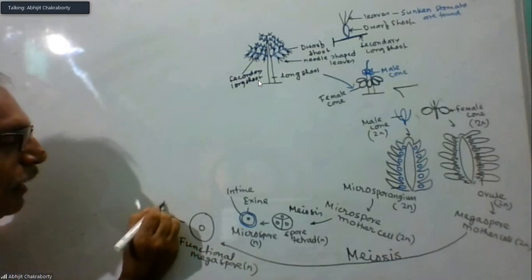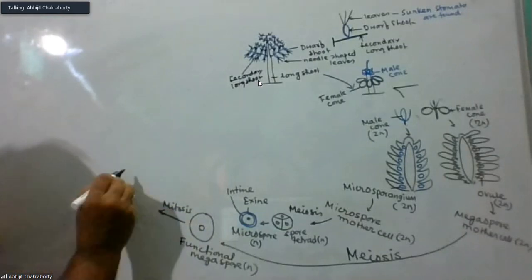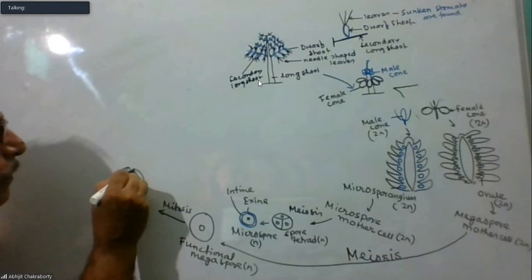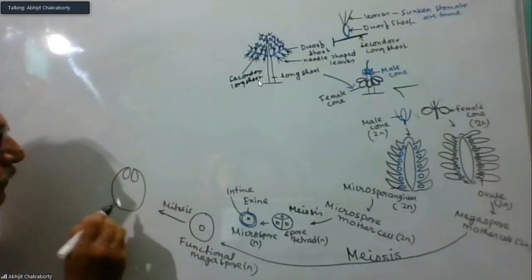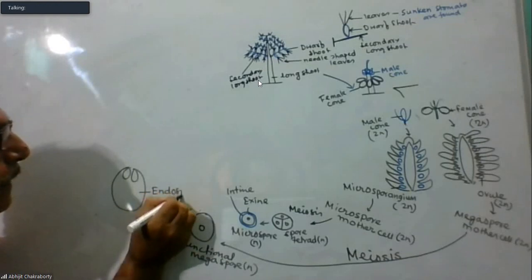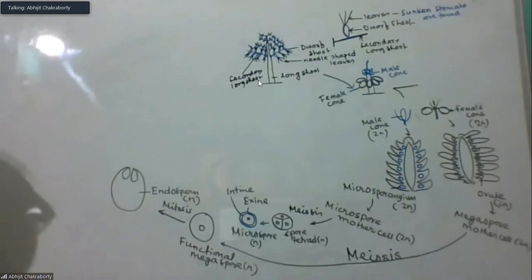Then it undergoes mitosis to produce more than one archegonia and the endosperm. And the endosperm is haploid.